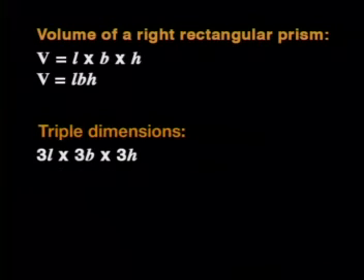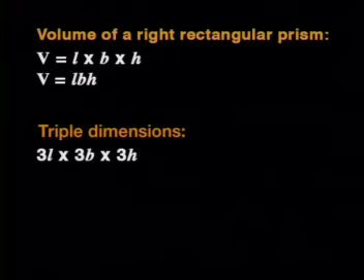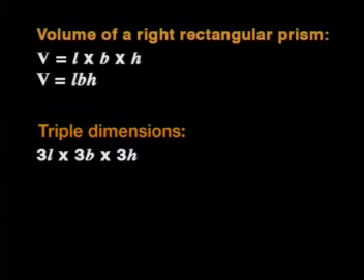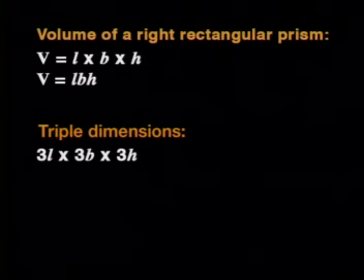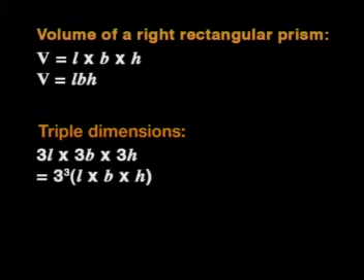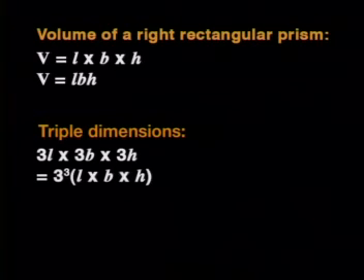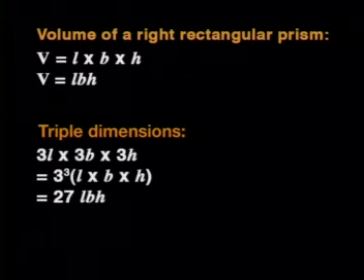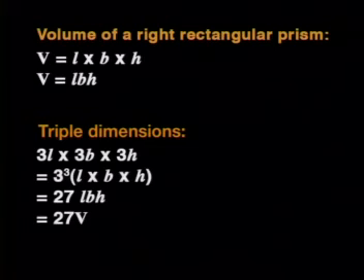If we multiplied each of the dimensions by 3, we would get 3L times 3B times 3H. That is 3 cubed times LBH, or 27 times LBH. So we have 27 times the volume when we multiplied each dimension by 3.